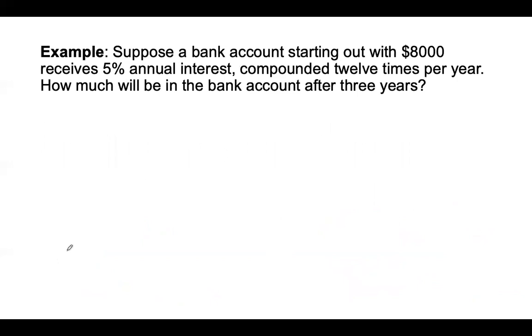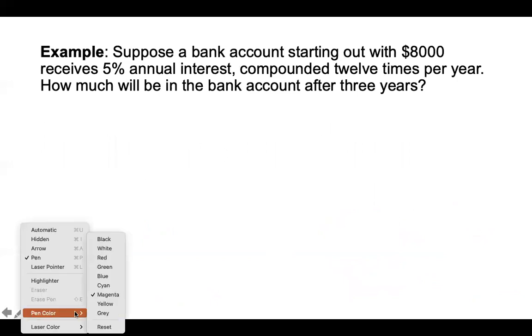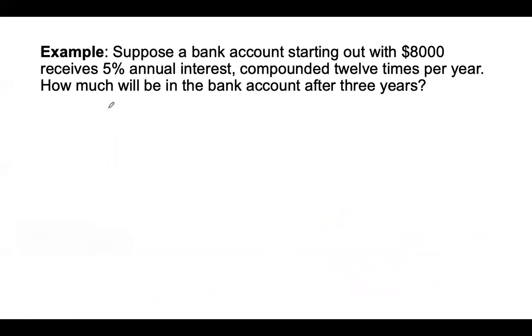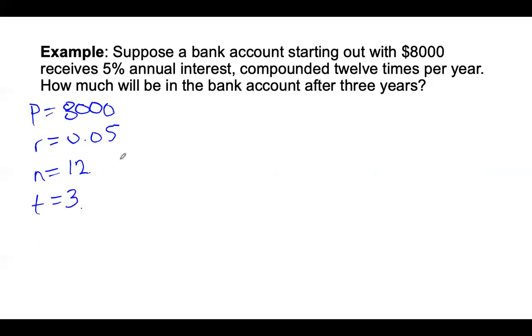Okay, so suppose you have a bank account. Again, starting off with our principal of $8,000. And suppose we get a rate of 0.05. And our compound periods are 12, so our n is equal to 12 times. How much will be in the bank account after 3 years?